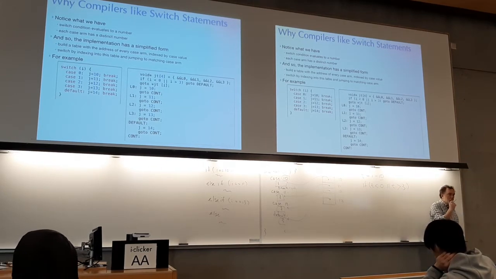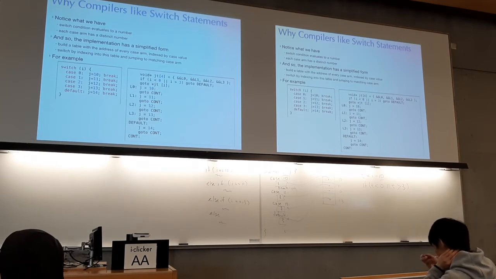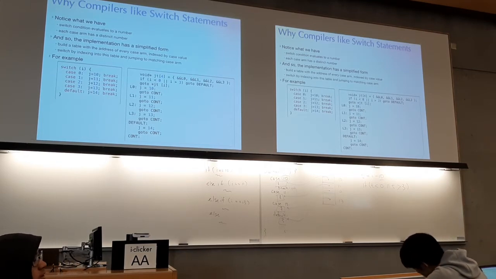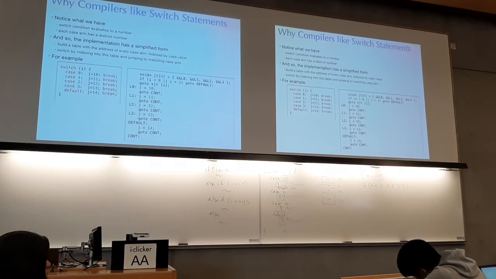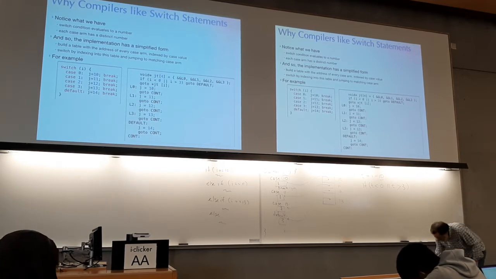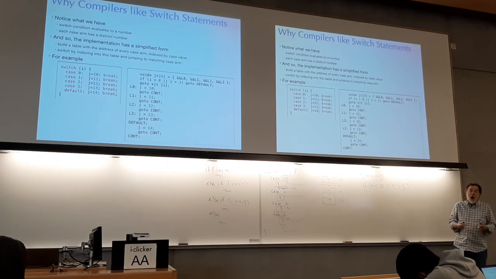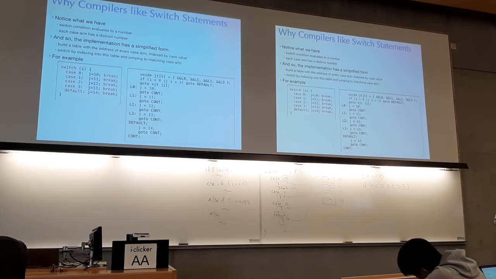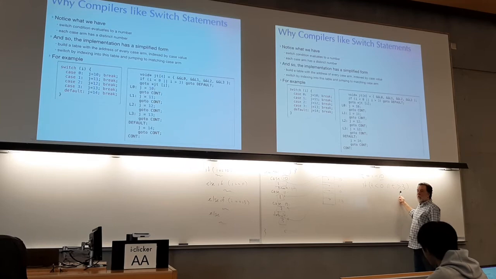What should I do here? Well, what should happen if i is, say, 9? Go to the default. If i is 20, go to the default. Right? So if i is 9, then I subtract and get minus 1. Minus 1 is less than 0. If i is 20, I subtract and I get 10. 10 is bigger than 3.